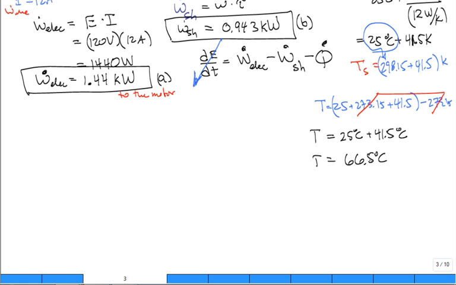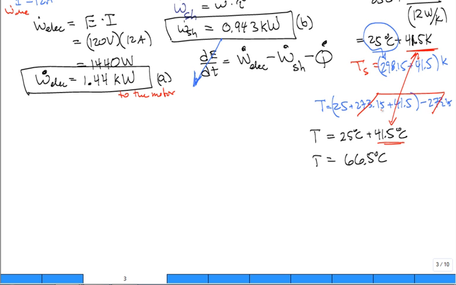Oh, that gives us a little heartburn because you just willy-nilly converted Kelvin to degrees C. 41.5 went to 41.5. Your bottom line is you're right. How can you do that?